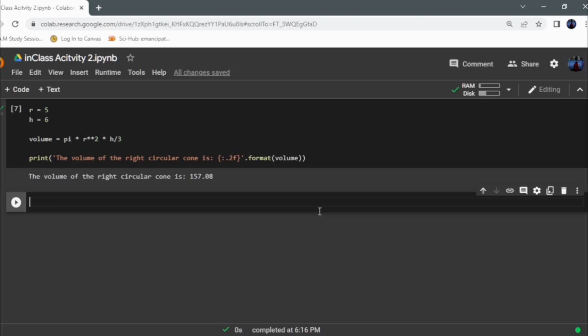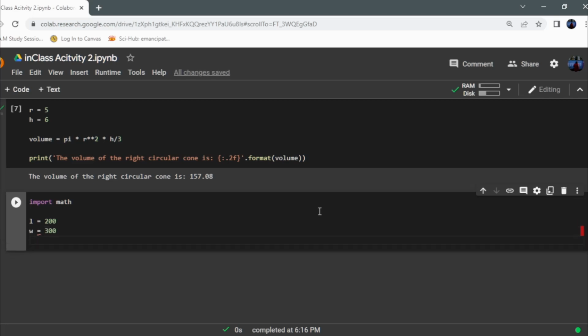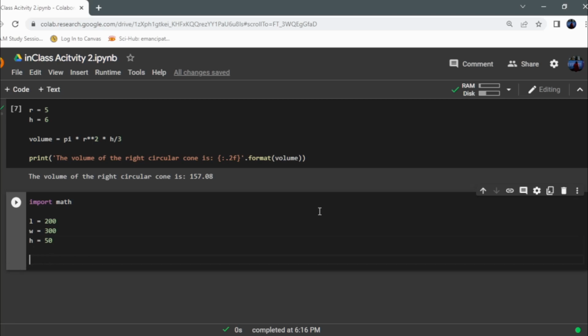So for this fourth problem, we import math. I assume the length, denoted by L, is 200, width is 300, and the height is 50, all in cm. And then our solution, the volume, equals length times width times height.